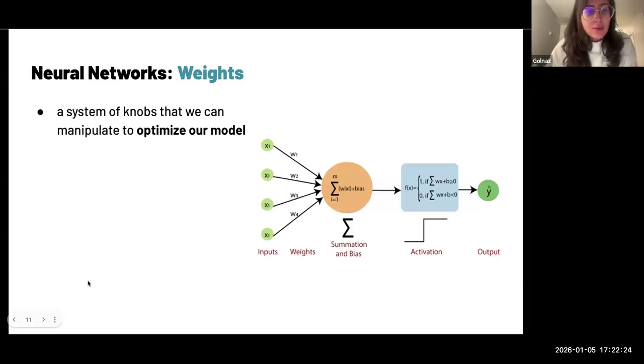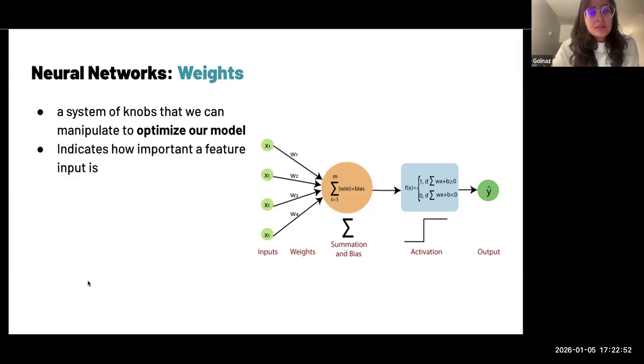How you can think of these weights is they are a system of knobs that you can manipulate to optimize your model. And by optimizing your model, I mean training the model so that the output that it predicts is as close as what you have in your data set, as what you have seen before in your patients, if they have a heart failure or not.